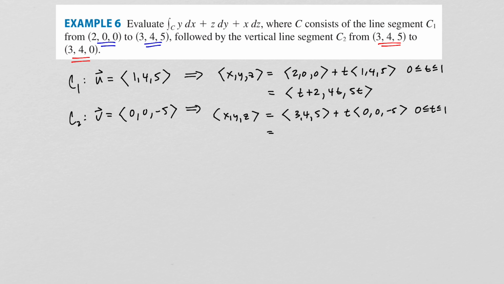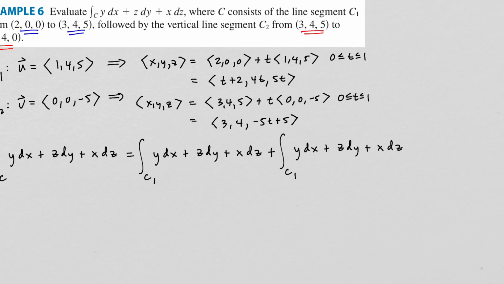If I simplify this, we get 3, 4, and then negative 5t plus 5. So now we have the parameterization of each one of those. To do the integral along the curve C of y dx plus z dy plus x dz, we are essentially going to do this integral twice.